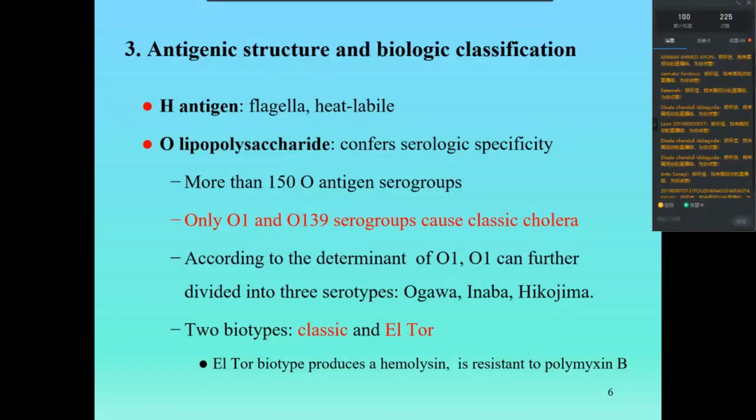Except for the classic biotype, there is another biotype called the El Tor biotype. El Tor is another Vibrio cholerae pathogen, which can also cause disease in humans. The El Tor biotype produces hemolysin, but it is resistant to polymyxin B. Polymyxin B is a type of antibiotic.